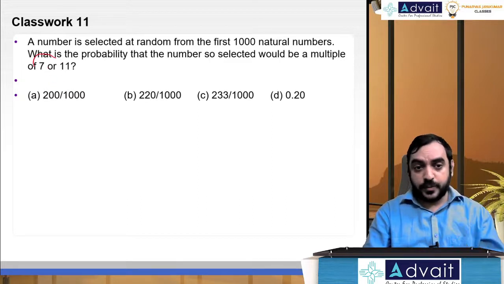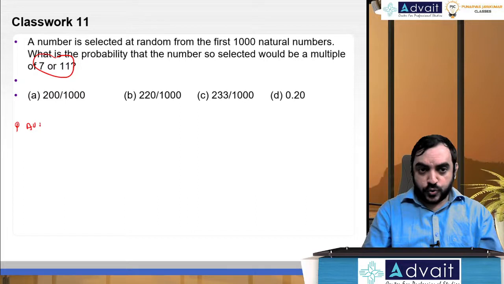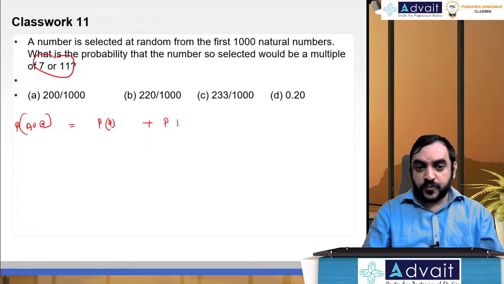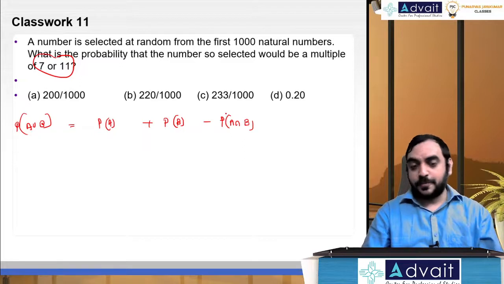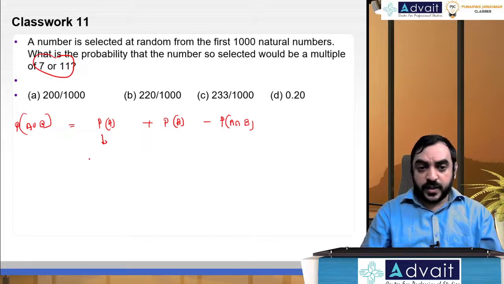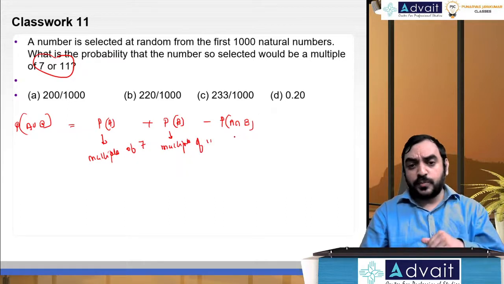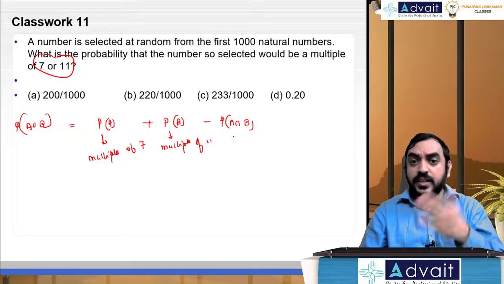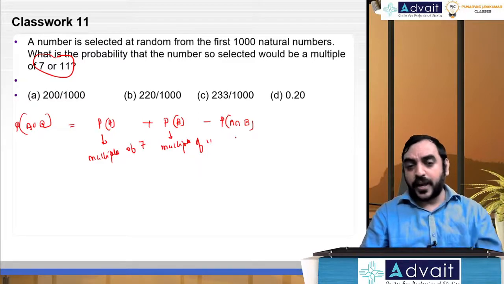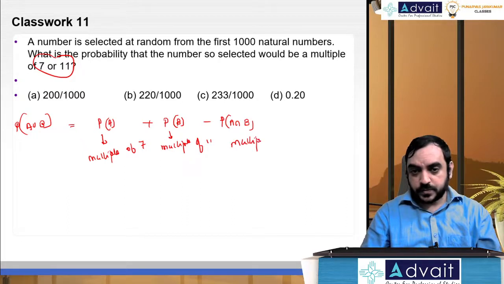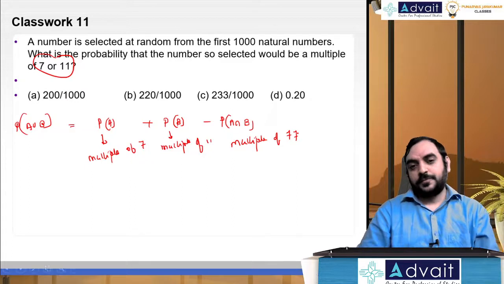So we need A union B. Probability of A union B is probability of A plus probability of B minus probability of A intersection B. Probability of A, that is multiple of 7, B multiple of 11, and A intersection B, multiple of 7 and 11. LCM of 7 and 11, we multiply. So multiple of 77, 7 into 11.